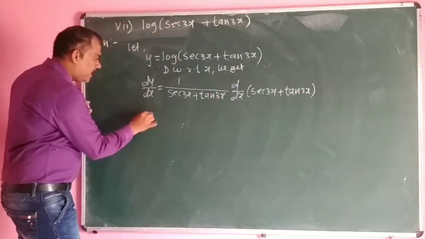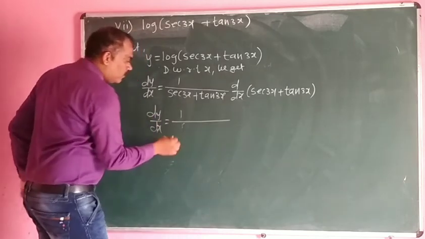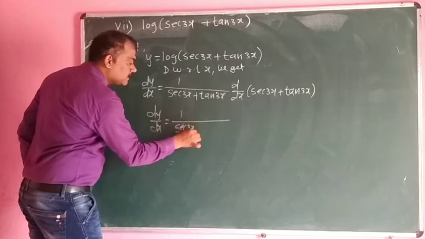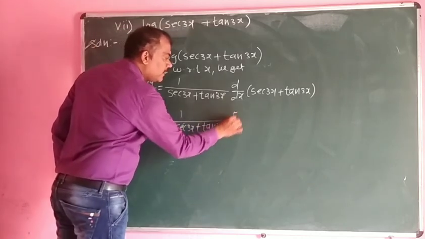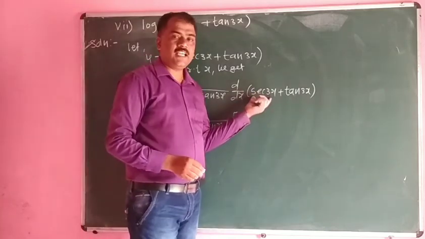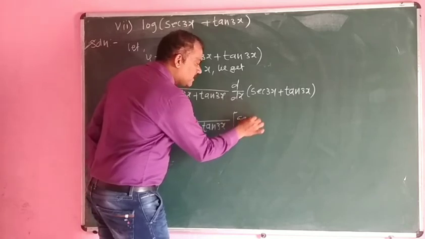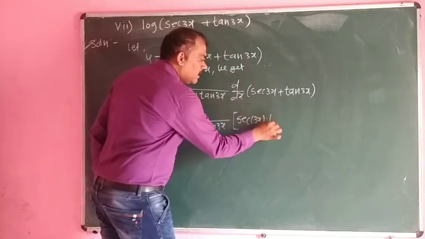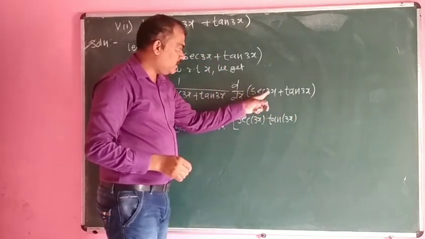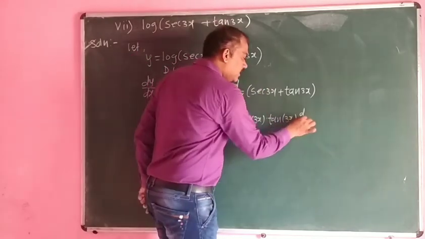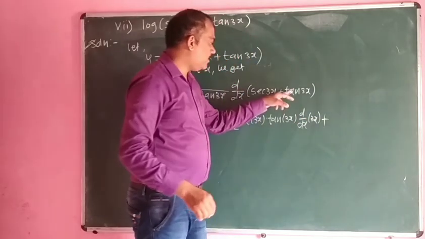Okay, that is dy by dx is equal to 1 upon sec 3x plus tan 3x into, what is the derivative of sec 3x, or what is the derivative of sec x? Sec x into tan x. Here x is nothing but 3x, into d dx of this 3x, plus, now the derivative of tan.